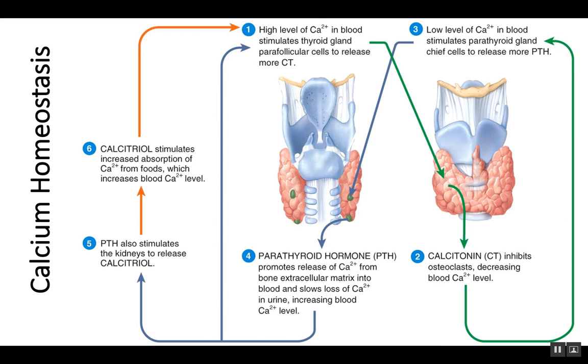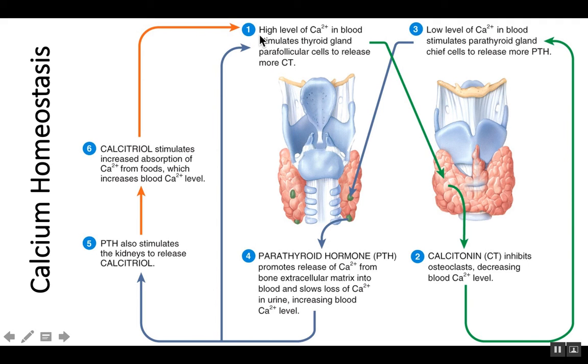This looks like a fairly complicated figure, but it really can be simplified. What this does is it revolves around calcium homeostasis. And it's using the two antagonistic hormones, parathyroid and calcitonin.